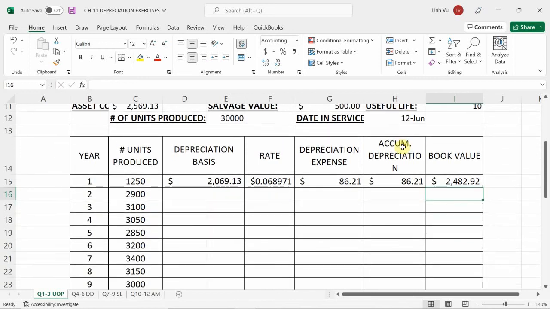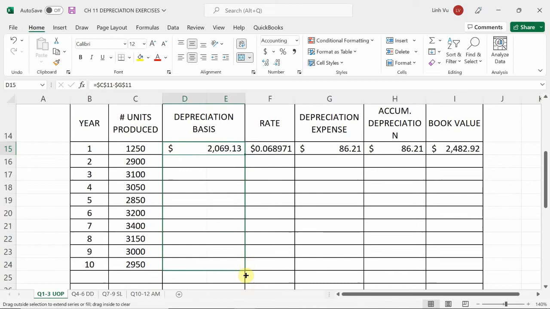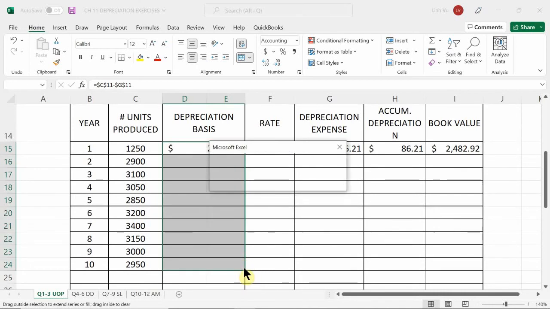All right. So what's my depreciation basis for year two? It's going to be the same. It should be the same, right? Your asset cost minus salvage value. In fact, they're all going to be the same.